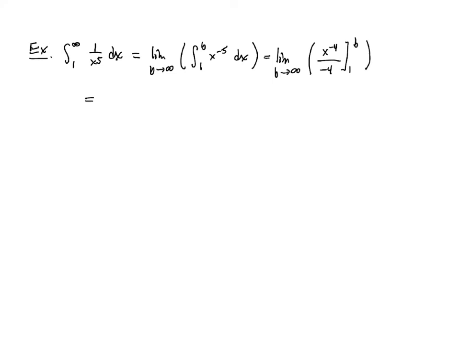So we evaluate at b and 1 and subtract, and we end up with 1/4 minus, let's write it this way, 1 over 4b to the fourth. And as b goes to infinity, the denominator of this second expression goes to infinity, so the quotient goes to 0, and we find that this integral is 1/4.